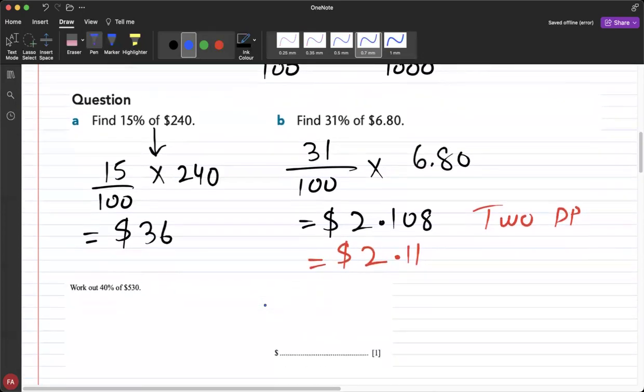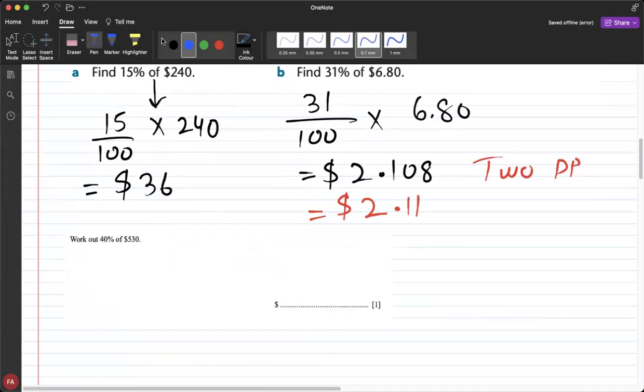Having said this, let's try out this question that came in specimen paper. So again, I want you to pause this video and I want you to try this out yourself. All right, so I'm hoping you guys are done. 40% means 40 over 100. Of again means times, and then we have 530.